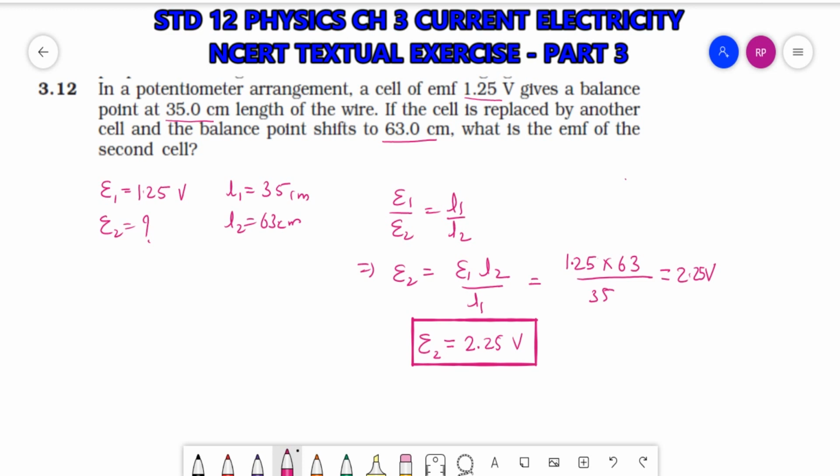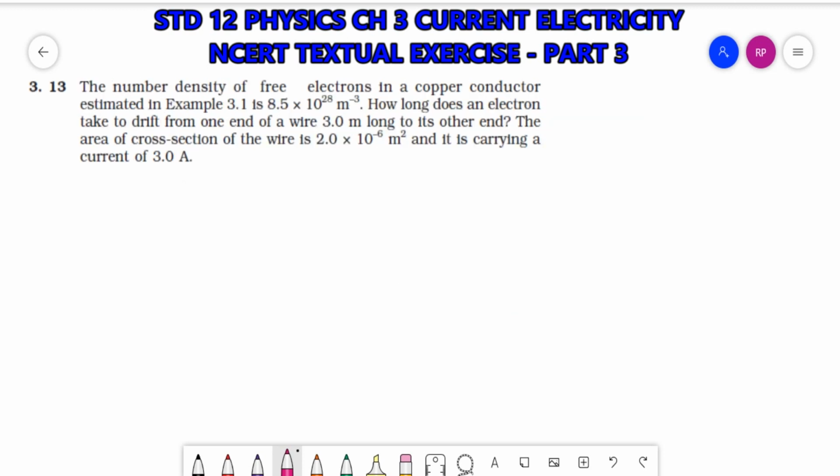Now let's go to the next one, that is 3.13. This is the last question of the regular exercise of chapter number 3. The number density of free electrons in a copper conductor, estimated in example 3.1 (you need to read example 3.1 for that), is 8.5 into 10 raised to 28 per meter cube.